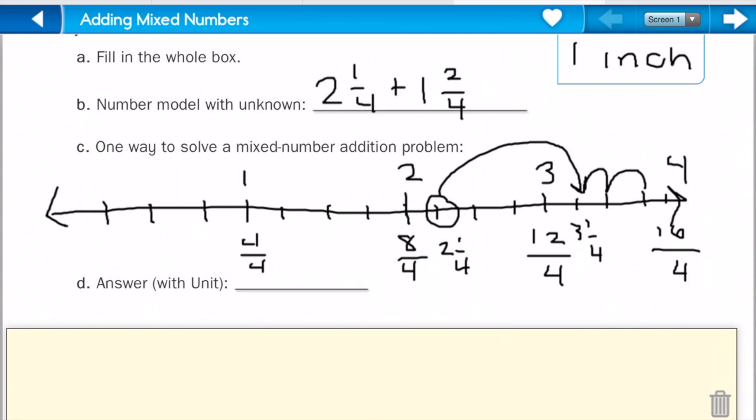So 3 3/4, or another way I could write it would be 15 fourths, because look, I have 12 over 4 here, and then I add 1, 2, 3. So it would be 15 fourths. Okay? All right, let's try the next one.